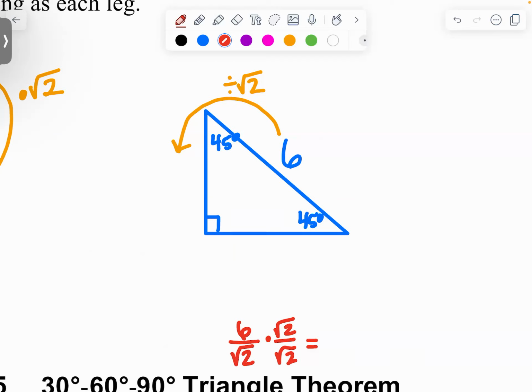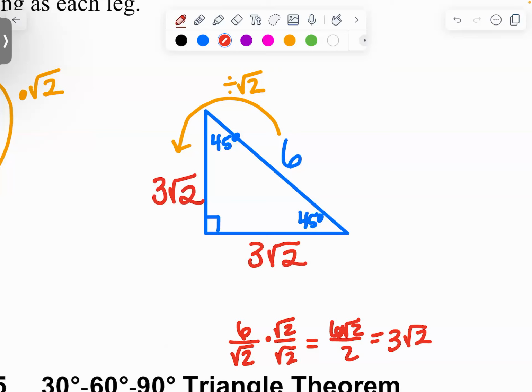Now I have 6 square root 2 over 2. Is that simplified yet? No, because 6 divided by 2 is 3, so the legs of our 45-45 right triangle are 3 root 2.